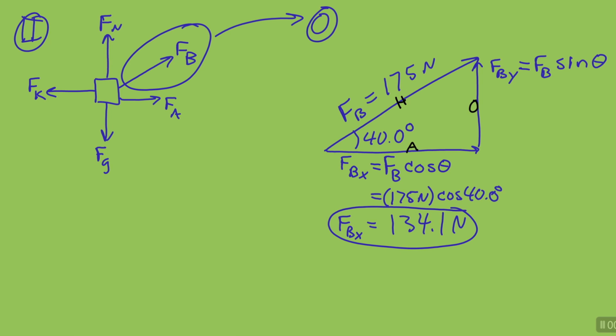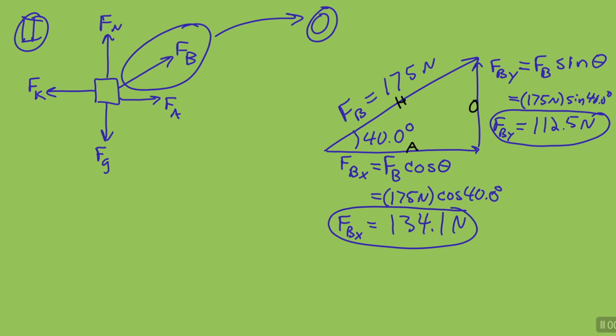I'll circle that because that's important. Over here on the y side, F sub by is equal to 175 newtons times sine of 40 degrees. My calculator tells me that is 112.5 newtons. So I'm going to circle that too.